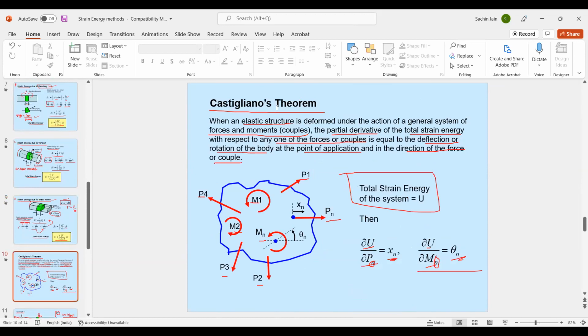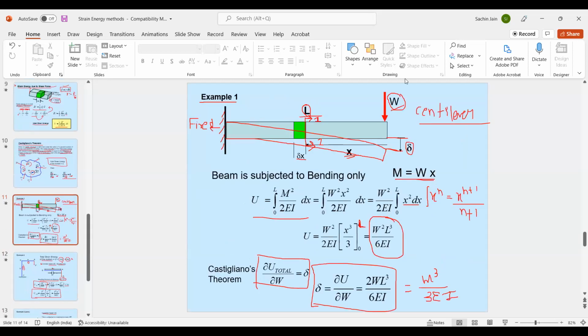Now, what is the Castigliano theorem? If we differentiate the total strain energy U with respect to the force P, we will get the deflection in the direction of the point of application of force P. For example, when we have calculated the strain energy U and differentiate it with respect to W, we will get the deflection in the direction of W, that is, in the downward direction.